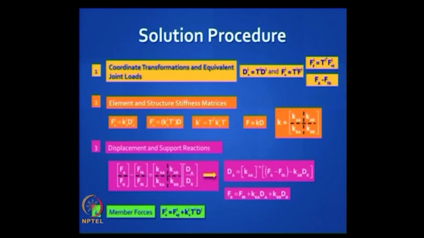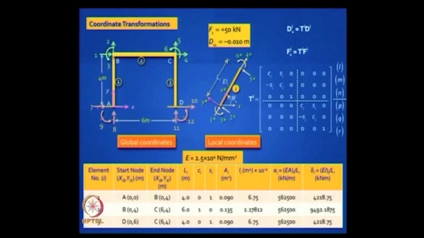The procedure is exactly the same as we did earlier, except that we need to make modifications for the internal hinge. So if you recall, in this slide we looked at the 6 global coordinates and the 6 restrained coordinates. I am just reproducing a slide which we covered in the last lecture, but there are going to be changes now. The changes are, firstly, you have the internal hinge.